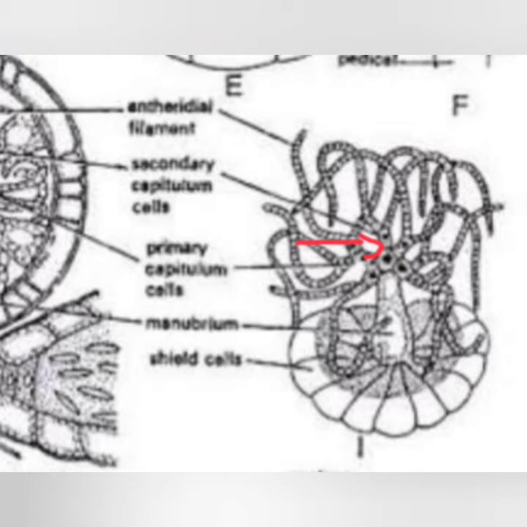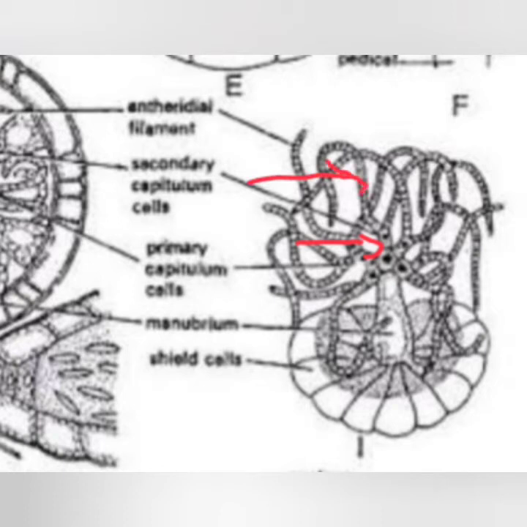Now each of these secondary capitulum cells, like I mentioned earlier in the structure, will divide repeatedly to form 2 to 4 long multicellular thread-like filaments.